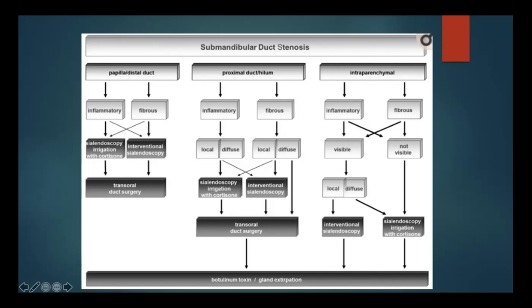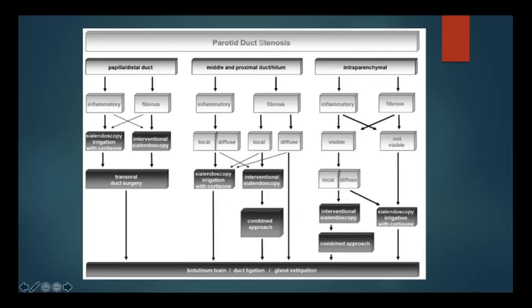For an intraparenchymal stenosis, the treatment becomes slightly more complex, where your interventional sialendoscopy really doesn't work quite well, especially for your diffuse stenosis. In this, you have to either be content with your cortisone instillations and hope that the symptoms subside, or you go for your gland. For your parotid duct, the treatment plan remains basically the same.